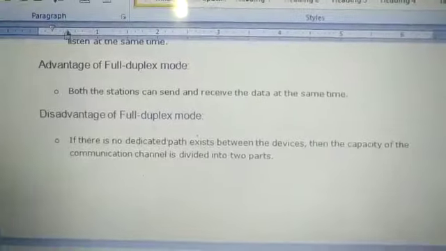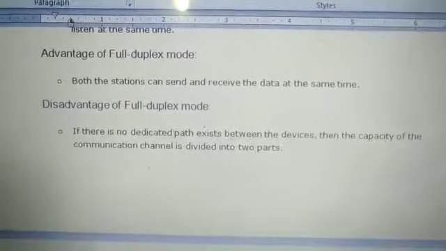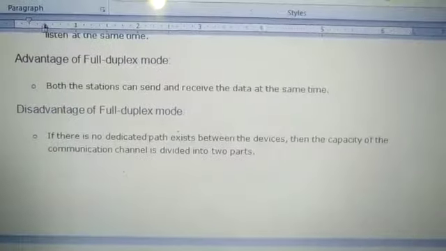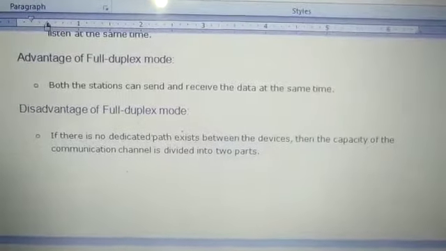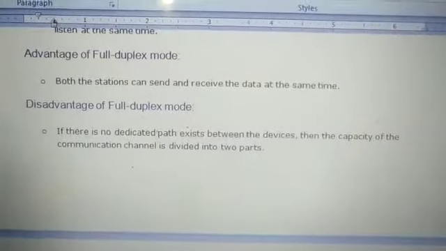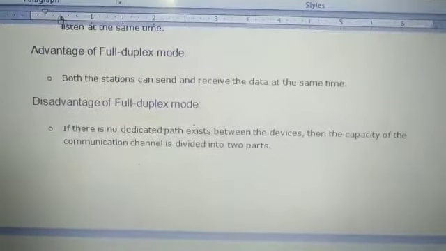Now the advantage part. The advantage of this mode is that both stations can send and receive data at the same time. What is the disadvantage? If no dedicated path exists between the devices, then the capacity of the communication channel is divided into two parts.